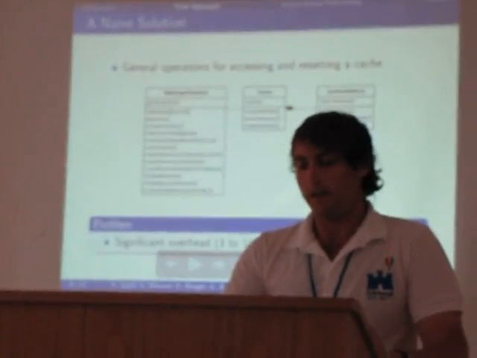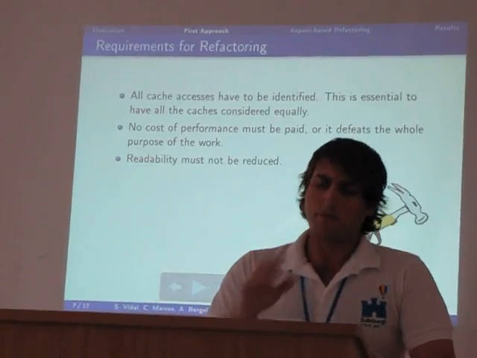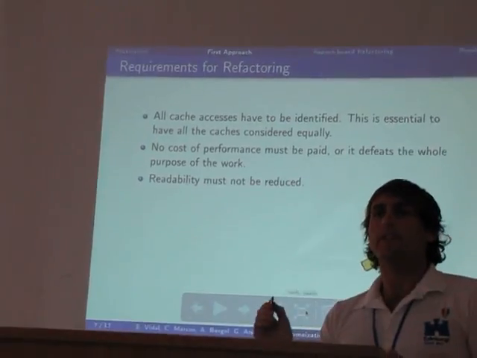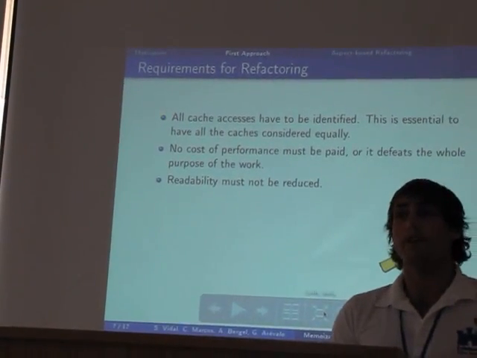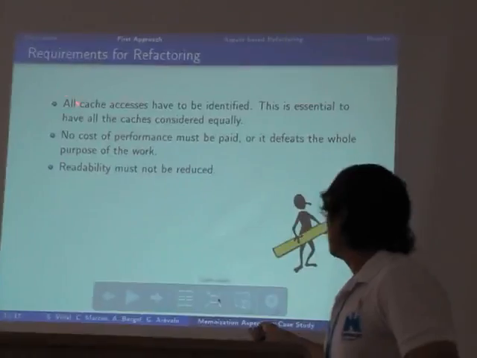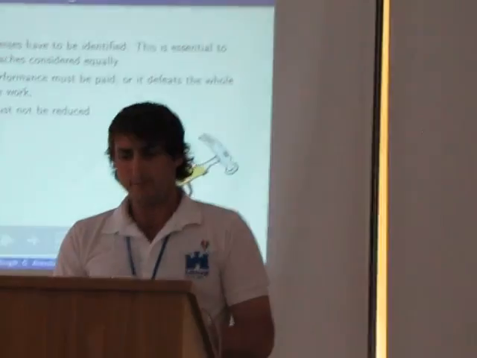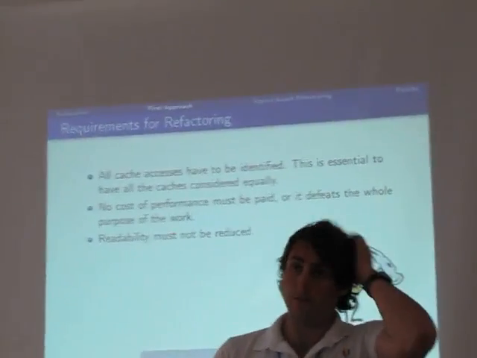So we tried another solution, and we thought that this kind of refactorization should be performed very carefully. We have some constraints. The first one, we think that all the caches should be identified as cross-cutting concerns and should be extracted.